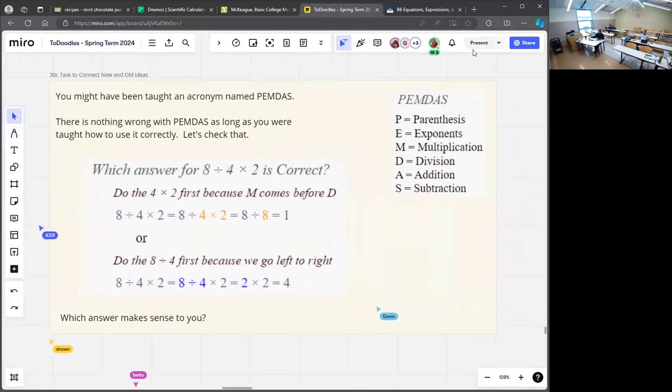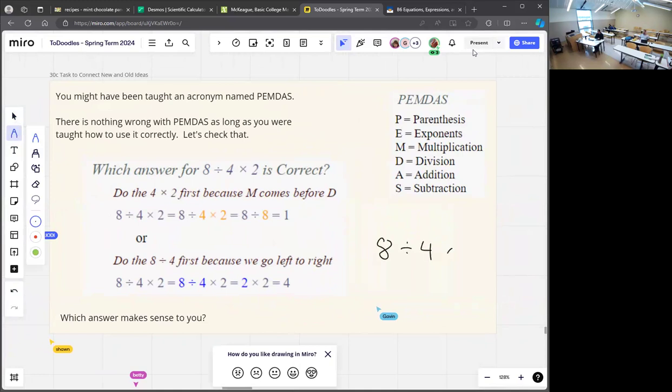Okay, first, we need to talk about PEMDAS. If you were taught PEMDAS the right way, there's nothing wrong with PEMDAS. But if you were taught PEMDAS the wrong way, what's it going to mean? So looking at the screen, if I do 8 divided by 4 times 2, which of those is the right way to solve this?